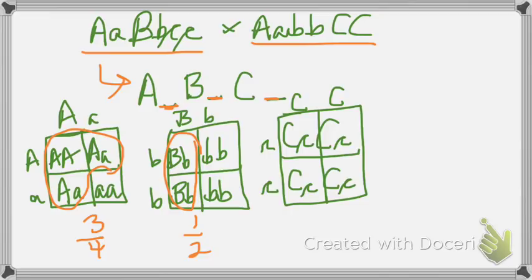For the C's, all of the individuals are going to show the dominant trait. It's 4 out of 4, but I'll simplify that to 1. To know the combined trait, you multiply across the top and across the bottom. It's 3/8, your answer to the first part of this question.